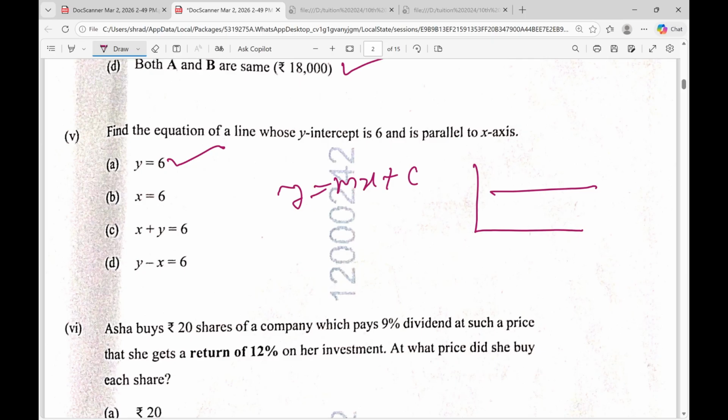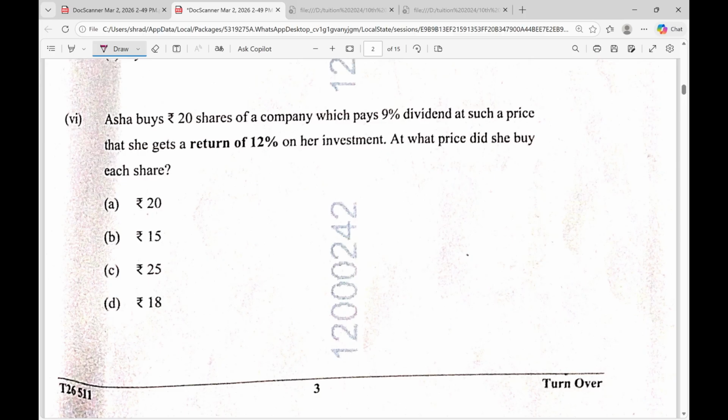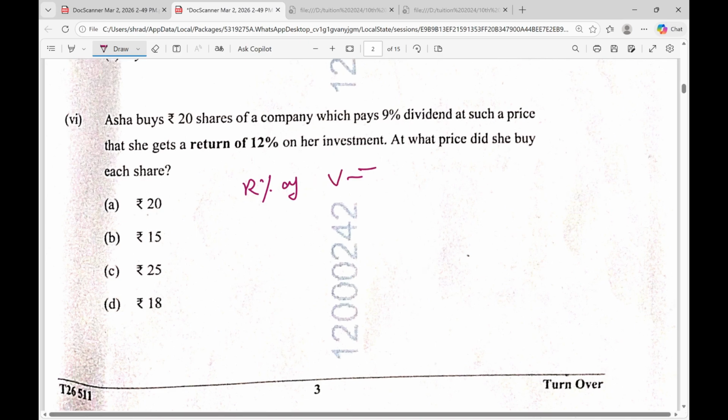Next one. Asha buys rupees 20 shares of a company which pays 9% dividend, at such a price that she gets return 12%. At what price did she buy each share? Return percentage of MB equal to dividend percentage of NB.